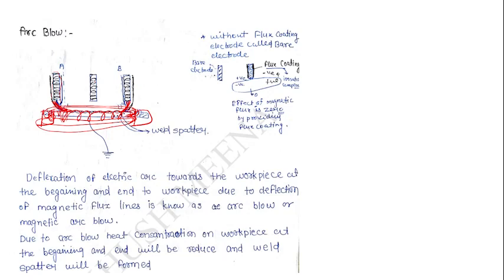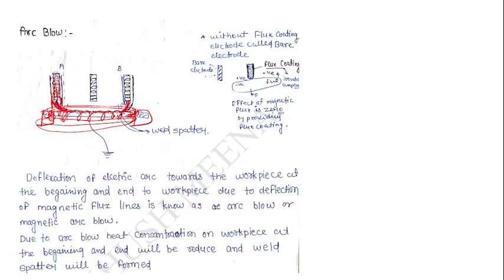Flux can be made of any oxide materials or ceramic. We provide a coating. So what happens? Firstly your electrode will start melting, and your coating will be present. So your coating will help to ignore the magnetic flux effect on your electric arc. With the help of coating, it will still be present and it will eliminate the effect of your magnetic flux line at the beginning and at the end.